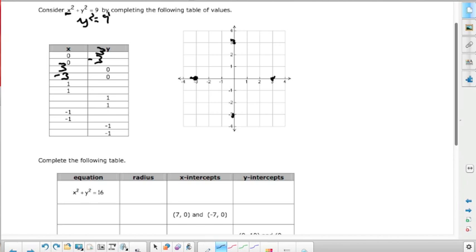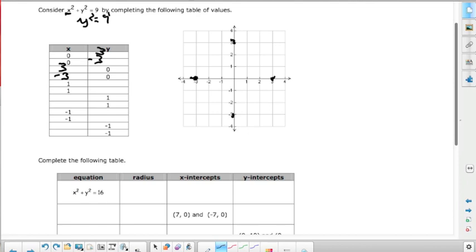Now we get something a little bit more tricky. When x is 1, what are my values for y? I heard square root of 8. Well, when x is 1, what's x squared? 1.